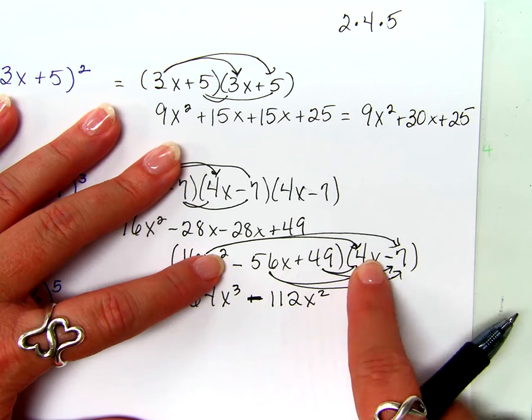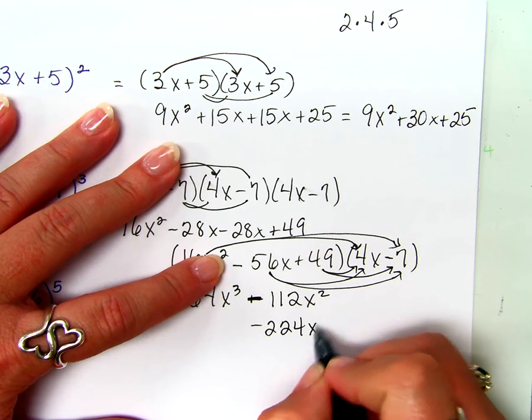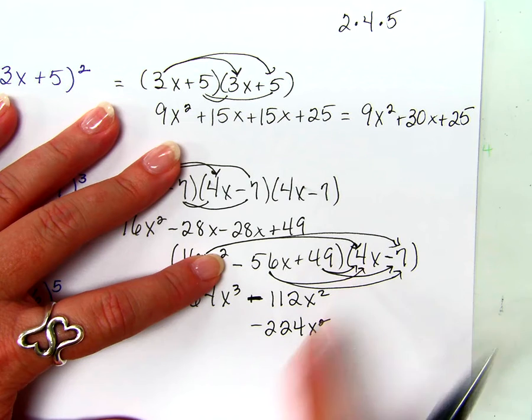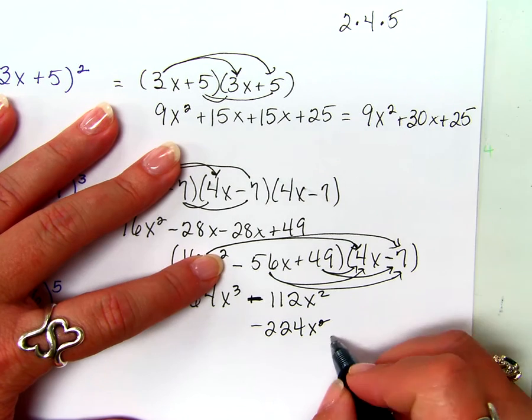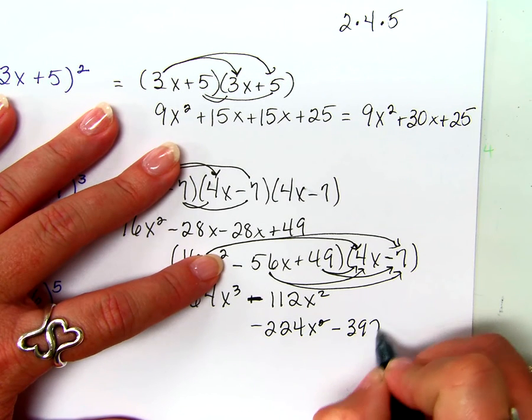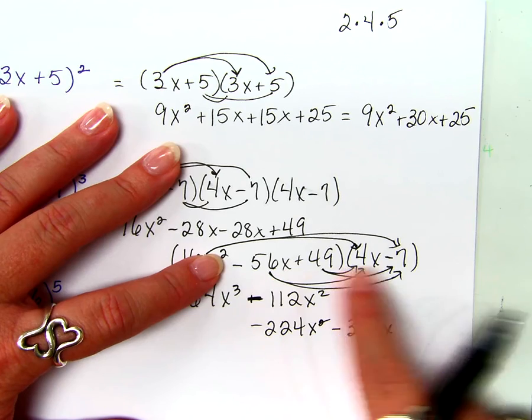So that middle term times that first term over here, and that gives me negative 224x squared. See, I've got an x and an x, so that gives me x squared. And then I've got negative 56 times 7. So minus 392x. X here? No. Sorry. Yeah, x here, no x here.